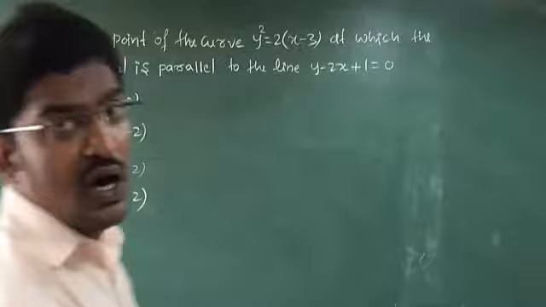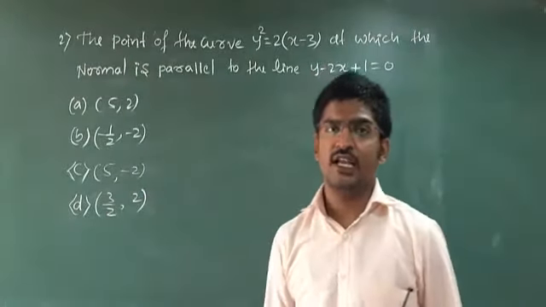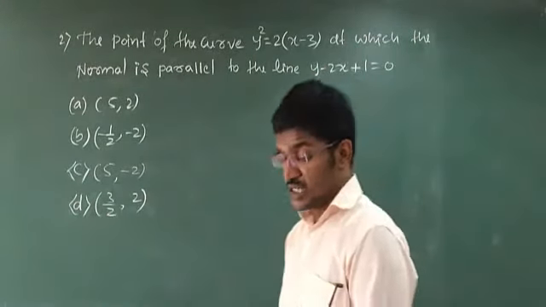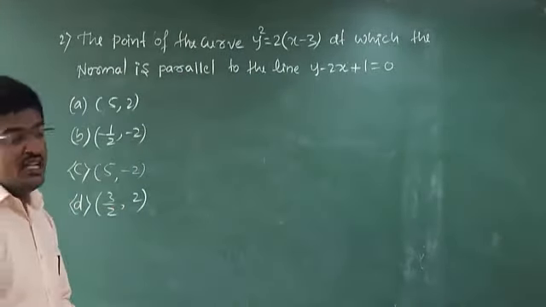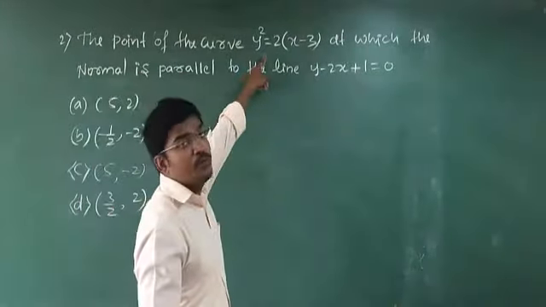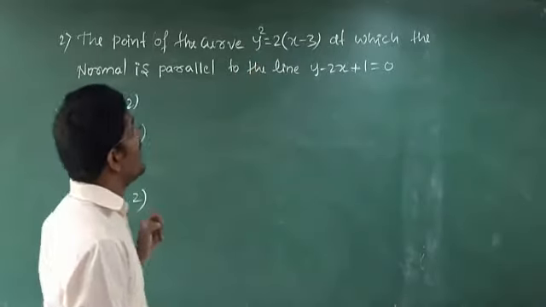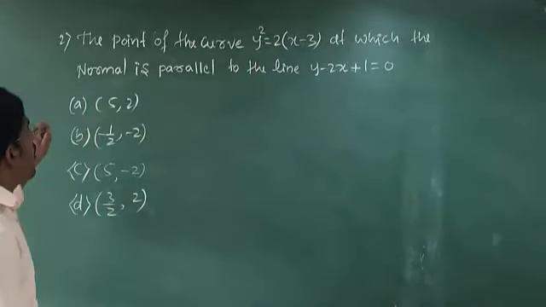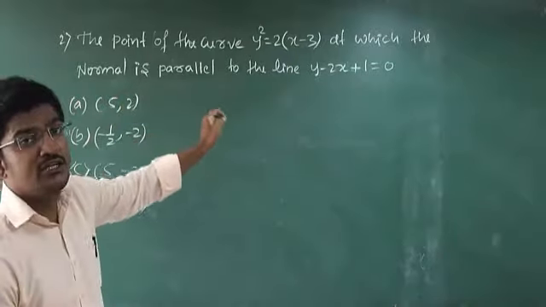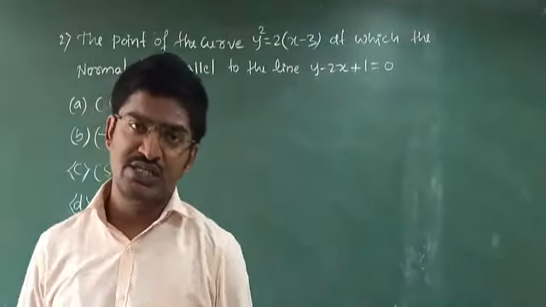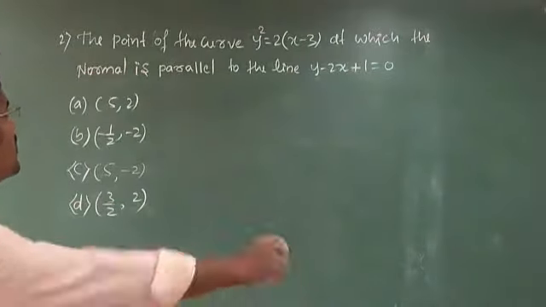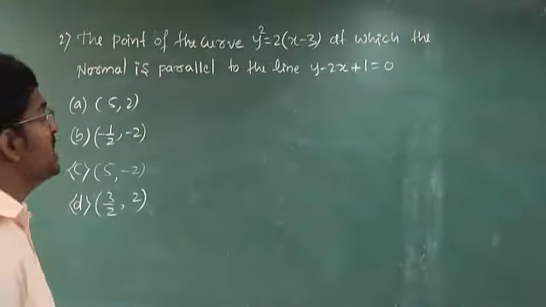Okay students, now let us go for the second problem. They want to find the point on this curve at which the normal is parallel to the line y minus 2x plus 1 equal to 0. Clear? You must have a clear picture in your mind.